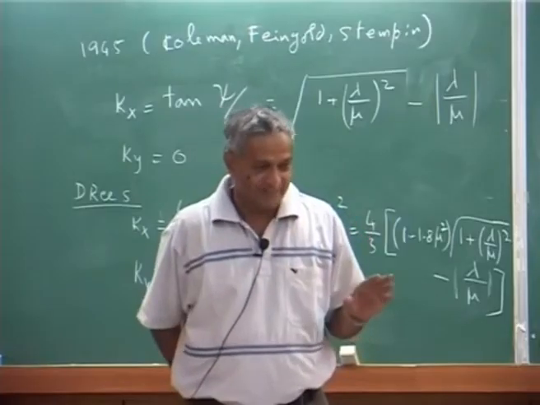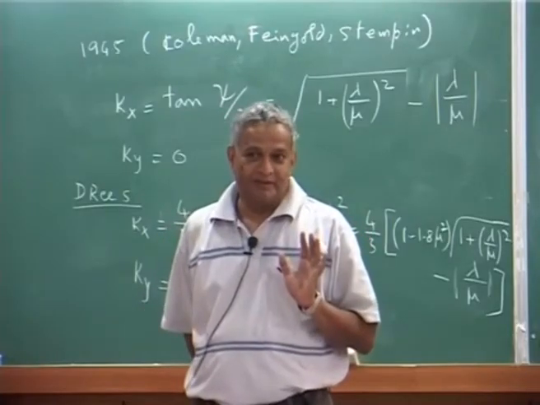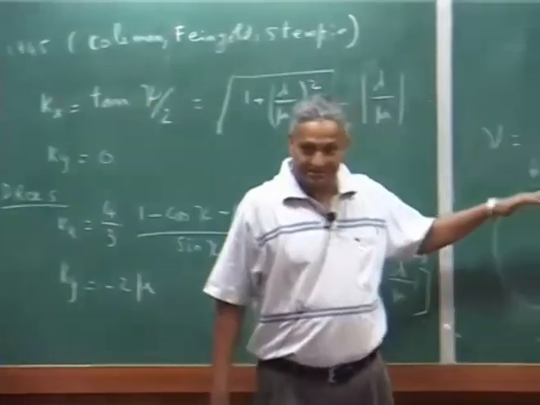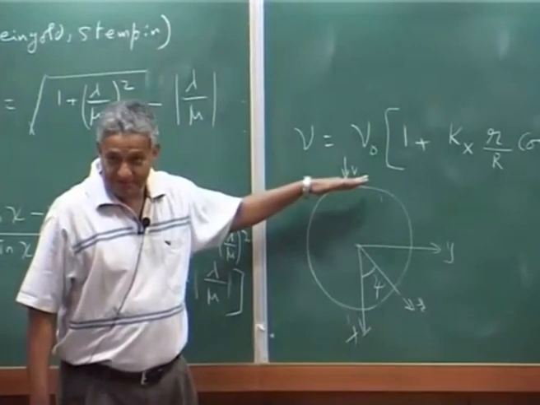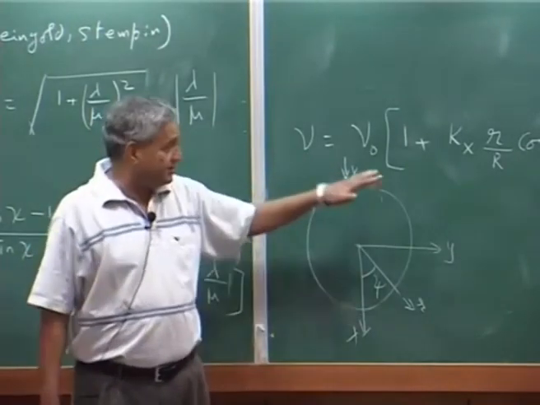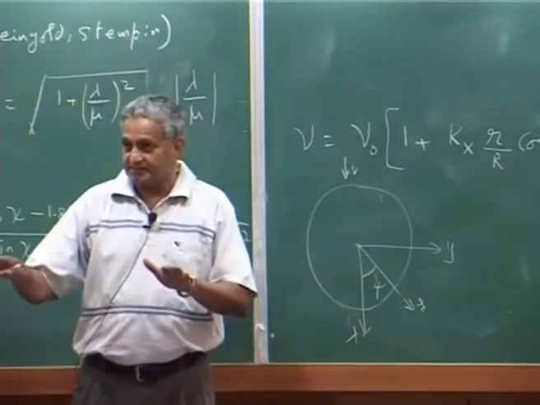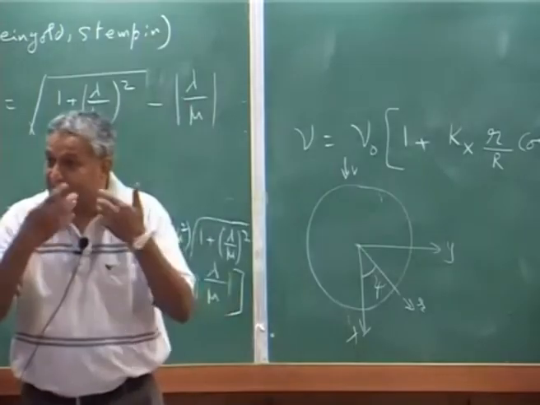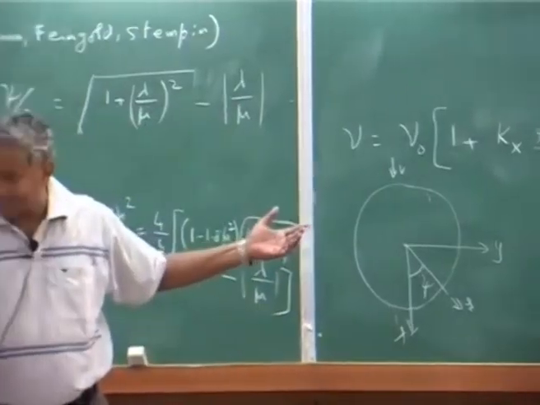Is it clear? Because this you have to know, because this is not the end of it. This is a good approximation for realistic problems, but this is not sufficient. We need to take more time variation also into account here.